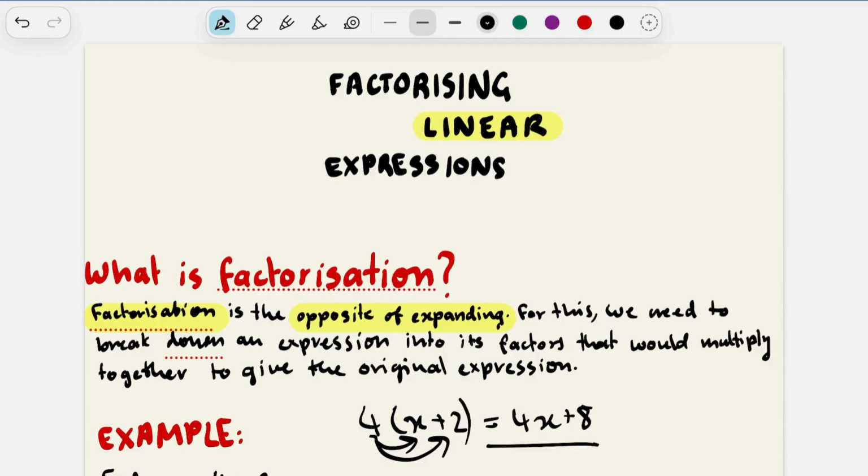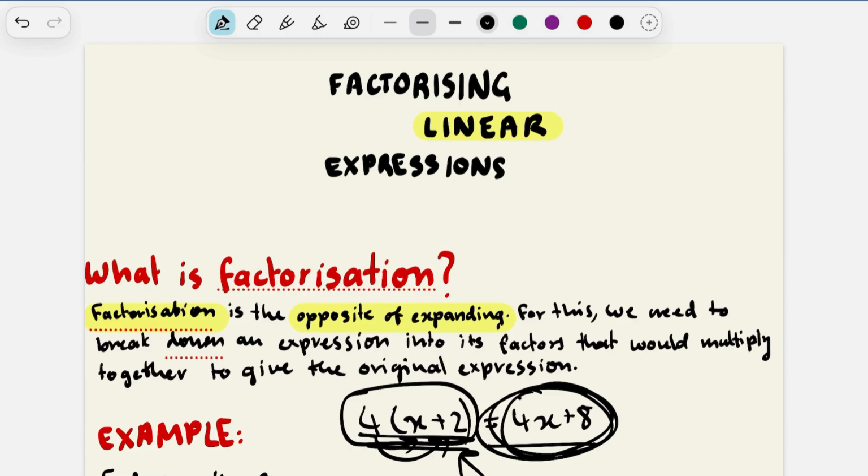So this part, the 4x plus 2 in brackets, that is the factorized version of this, because what we're doing is that we need to break down an expression, which is this, into its factors that would multiply together to give the original expression. So here we multiplied these to get this.